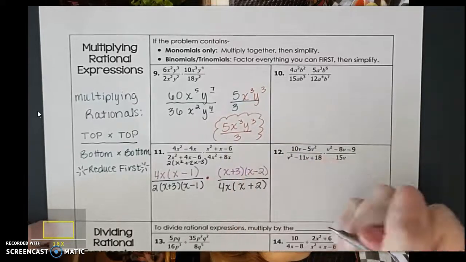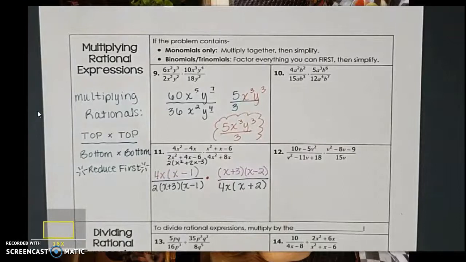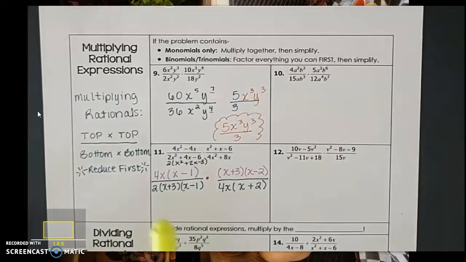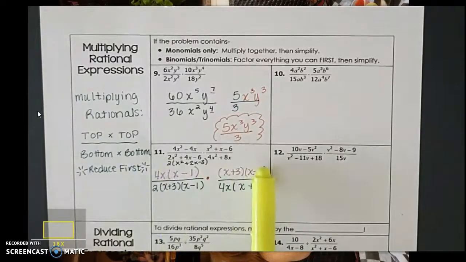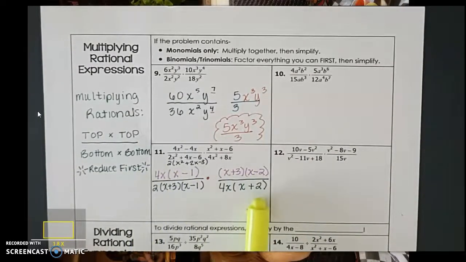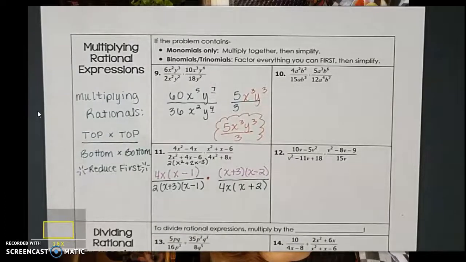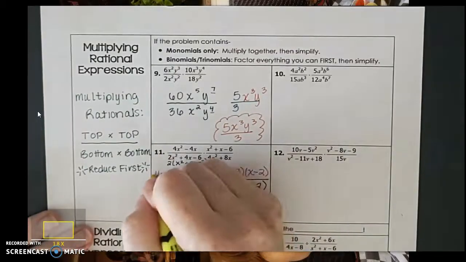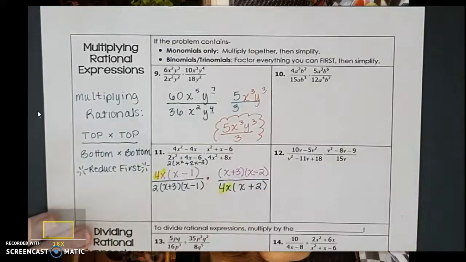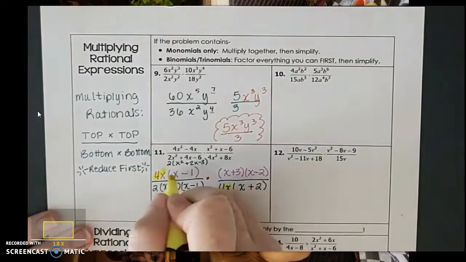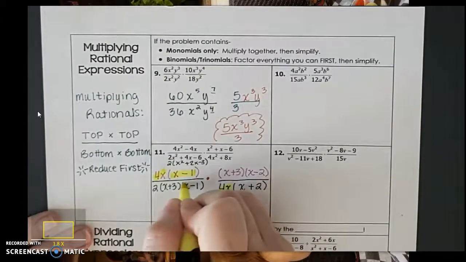All right, now we've already factored, so we can reduce anything in the numerator with anything in the denominator. Doesn't matter which side it is, as long as one is on top and one is on bottom. So I have a 4x over here that will reduce with this 4x. I have an x minus 1 that will reduce with this x minus 1.